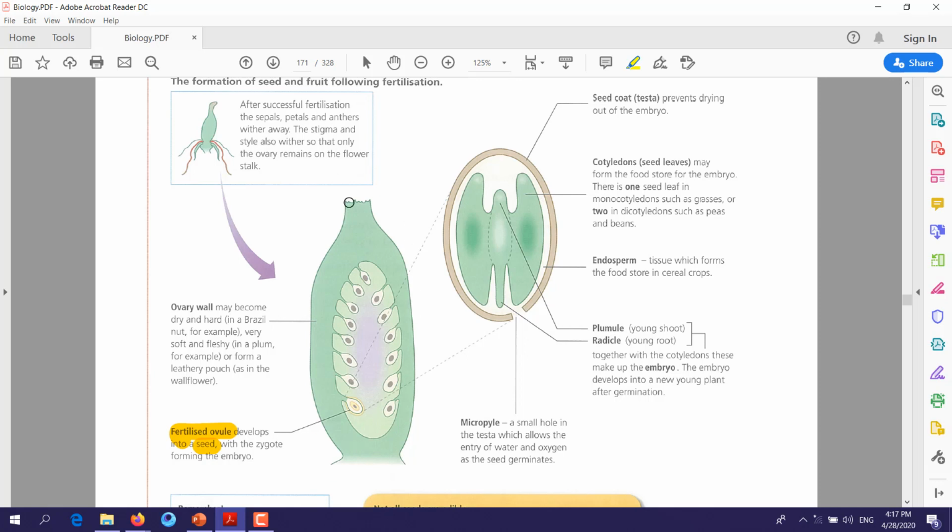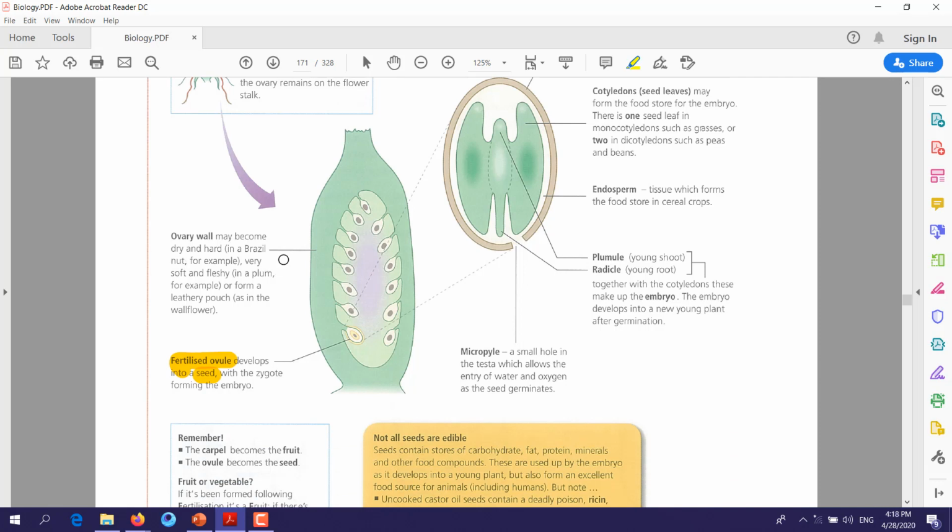This is the ovary. The stigma and style will fall, so there will be no stigma and style anymore. Now we have the ovary wall, which will become the fruit.